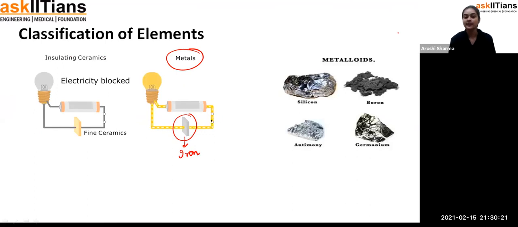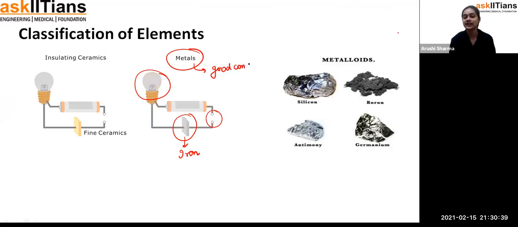When iron is present here and you complete this circuit, there is a flow of electricity, and this bulb is glowing. That means metals are those elements which are good conductors of electricity, because they allow the passage of current through them.